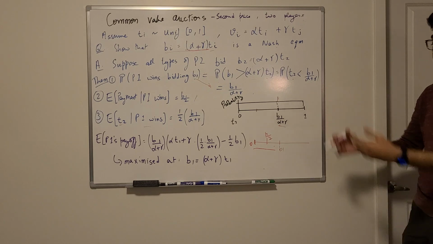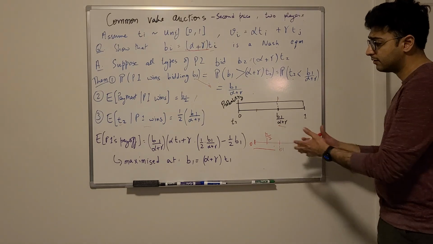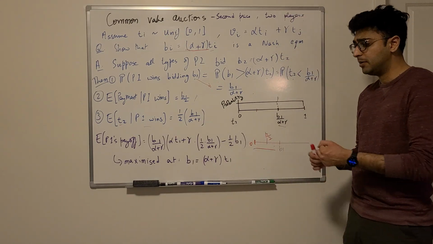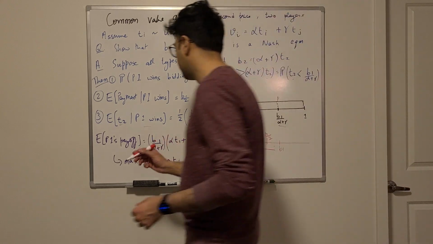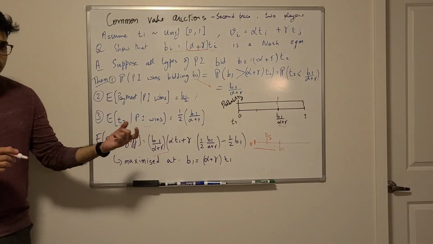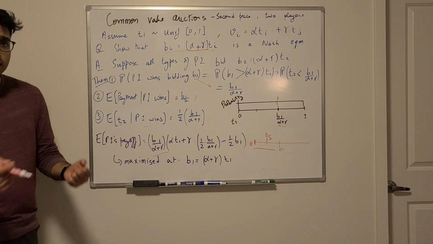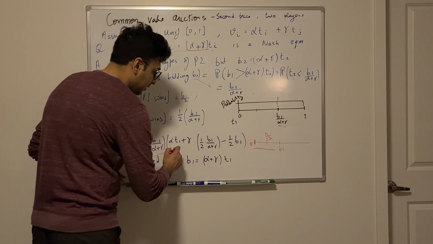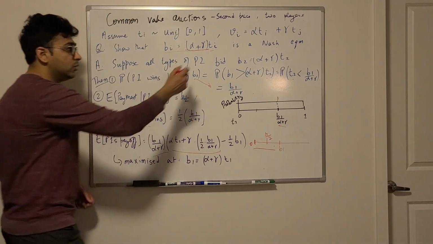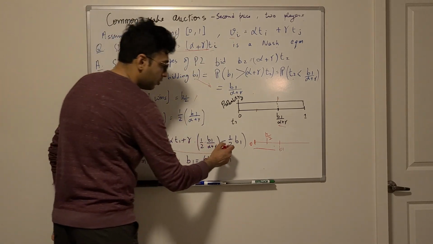Now we can evaluate what player 1's expected payoff will be from playing this game and choosing a bid B1. If player 1 chooses a bid B1, then player 1 wins with a probability B1 divided by alpha plus gamma. That's the probability of player 1 winning. If player 1 wins, then player 1 gets the expected value V1 minus what player 1 would have to pay, which is this.